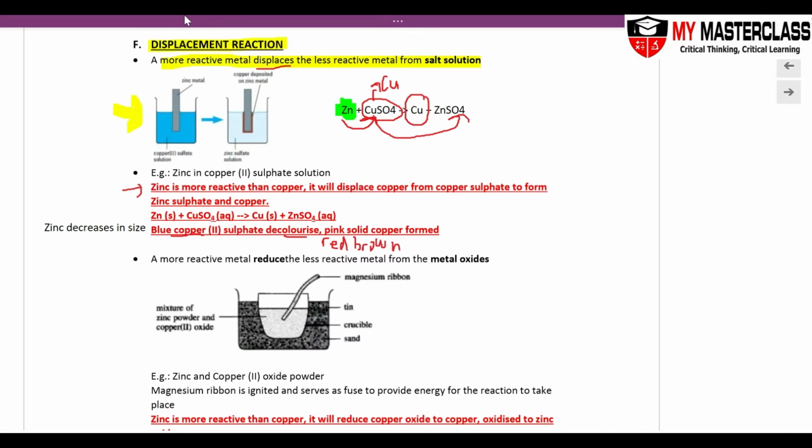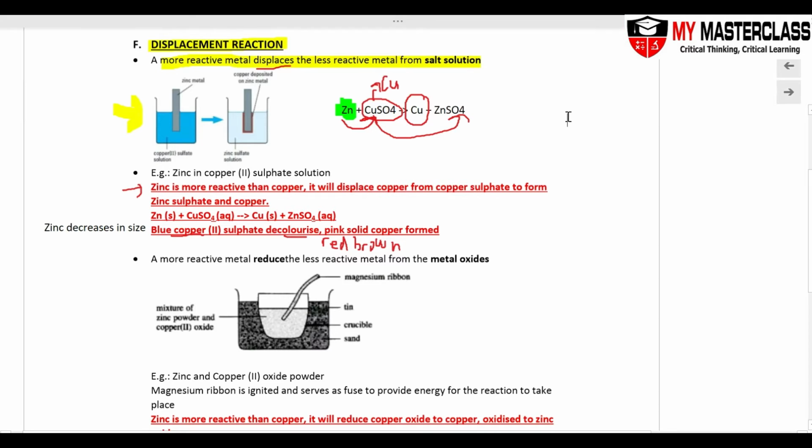Please know, metals are generally gray. All metals are grayish in color, except silver is silver, gold is gold, and copper we will have red brown or pink, depending on your school.